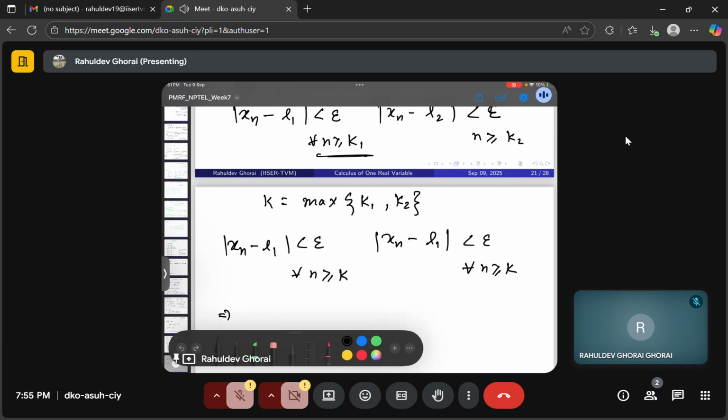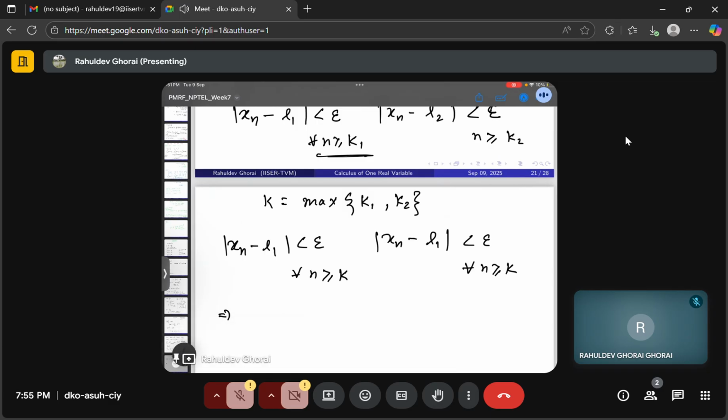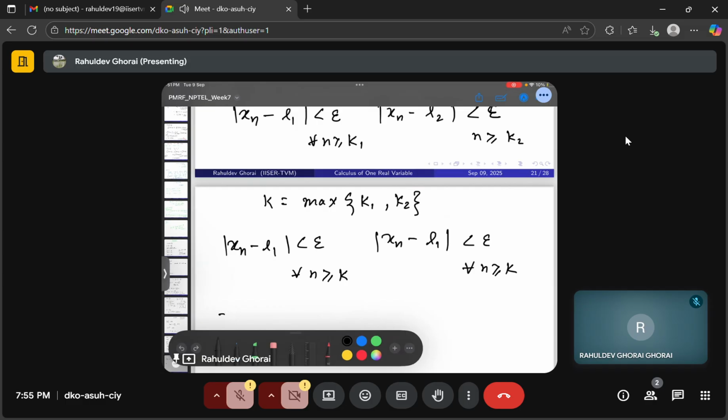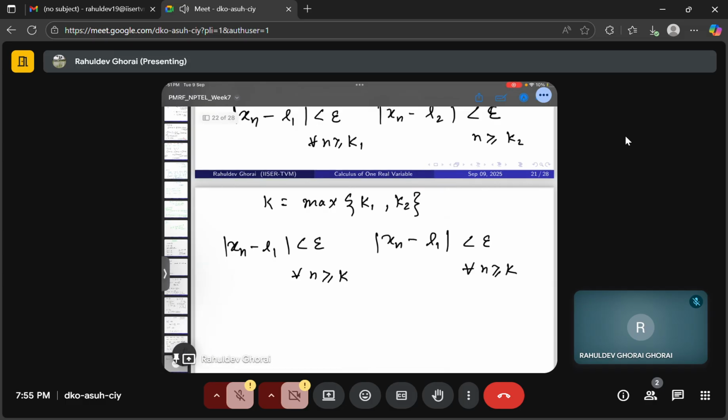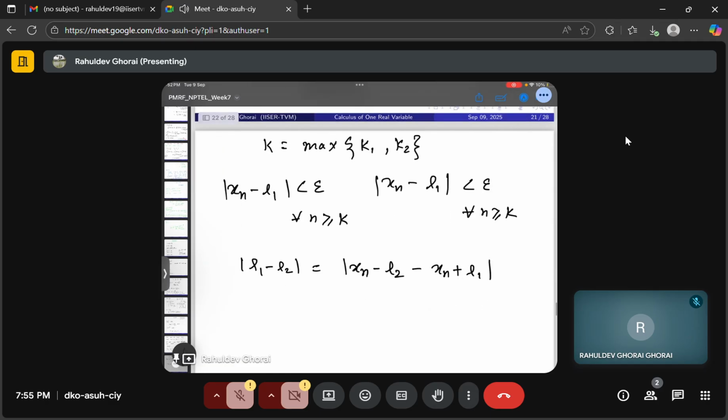So now I'll write the modulus of L1 minus L2. That you can write as (xn - L2) minus (xn - L1), right?